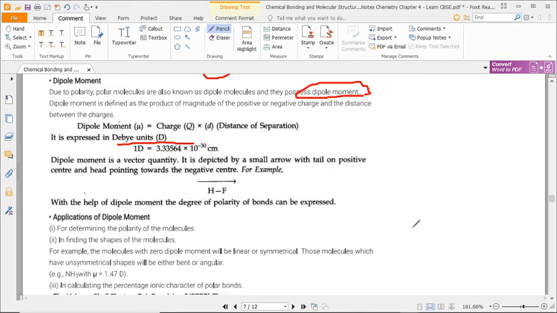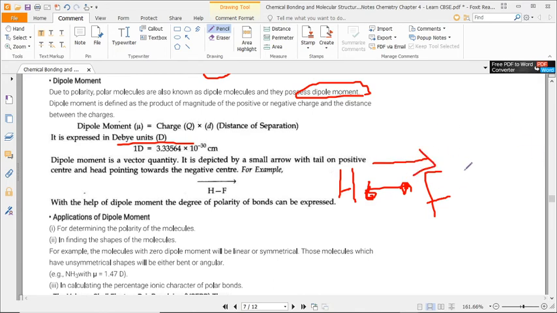It has directional property. Why have I drawn the direction towards fluorine? Because fluorine is actually attracting the electrons towards itself. Though hydrogen is not electropositive or electronegative, it tries to form a covalent bond between them. Though it is a covalent bond, a mutual sharing of electrons between hydrogen and fluorine, because of the electronegativity of the fluorine atom, the electrons are pulled towards the fluorine atom.